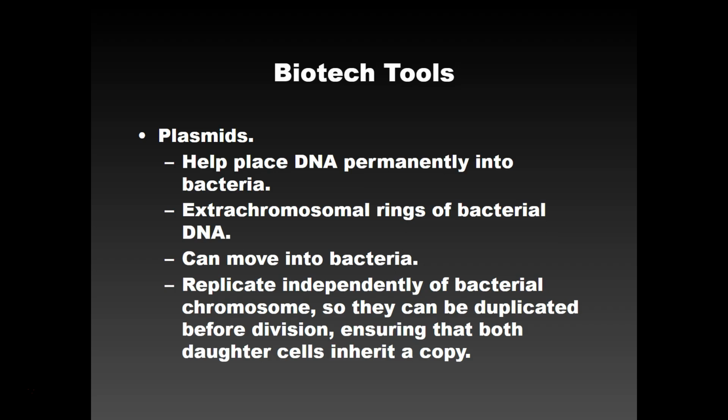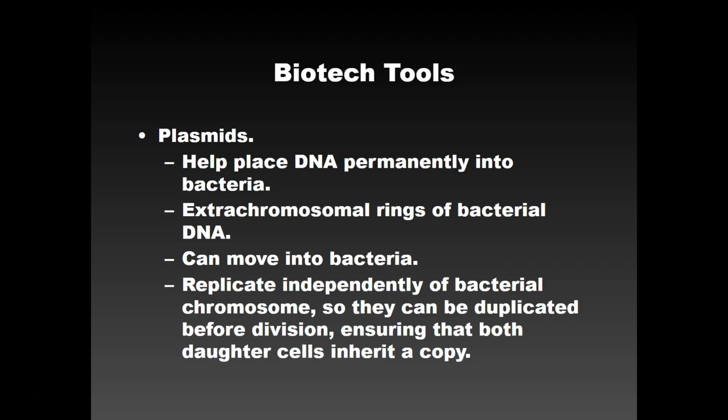But what someone discovered is that they also occasionally have these things called plasmids. Plasmids are pieces of DNA that are not part of the chromosome that the bacteria can use to do different stuff. They can also be exchanged from one bacteria to the next. So you can take a plasmid from one bacteria and put it into another bacteria.